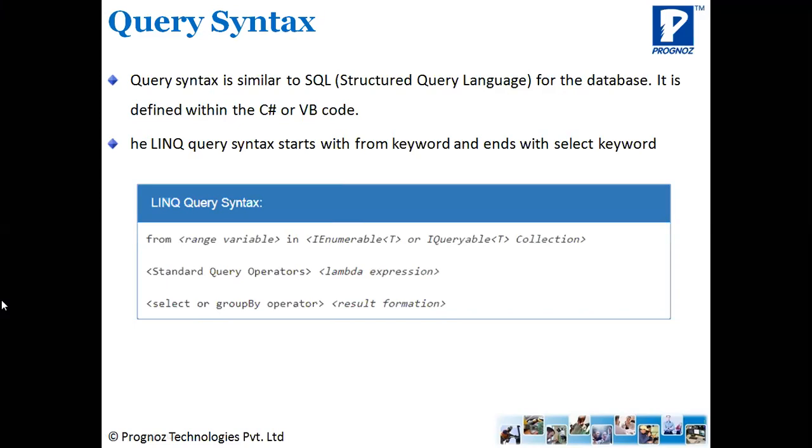In general, for retrieving data from an employee table we write select star from employee. Here that same query can be written as from S in employee select S. That S will represent a single row from that employee table, and that row will be retrieved through that query.